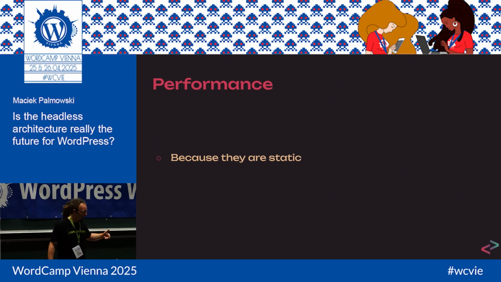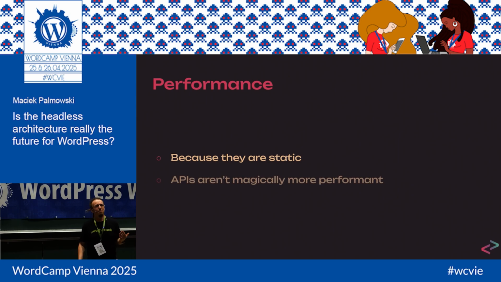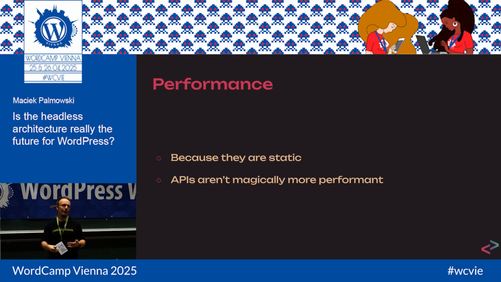On the other hand, if you don't go with the static route, but you go with a more dynamic one, APIs aren't magically faster than normal database requests. What sometimes happens is that when we ask the API, we ask it for only the things that we need. When we use WordPress as usual with all the plugins, very often some of the database requests repeat themselves.